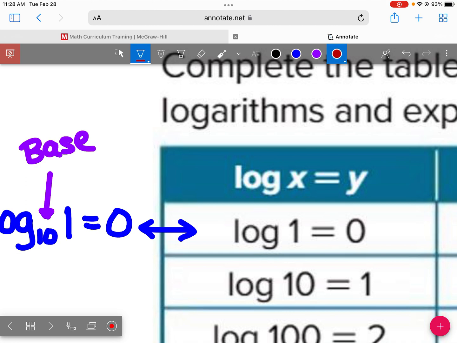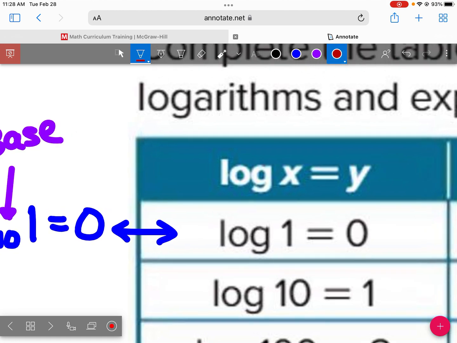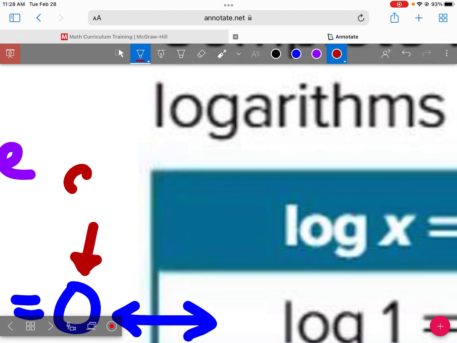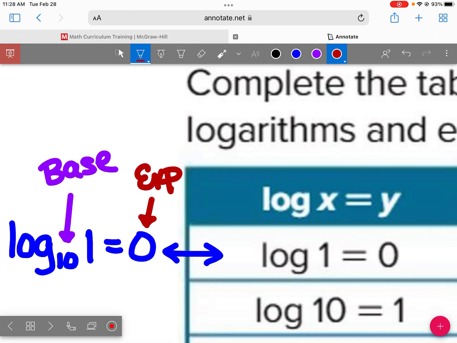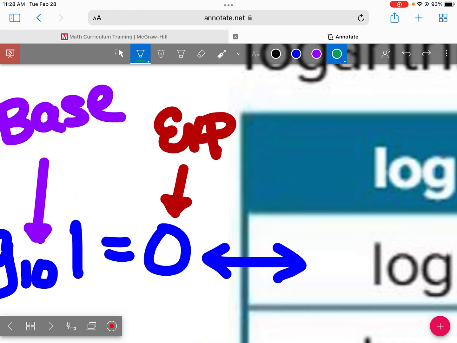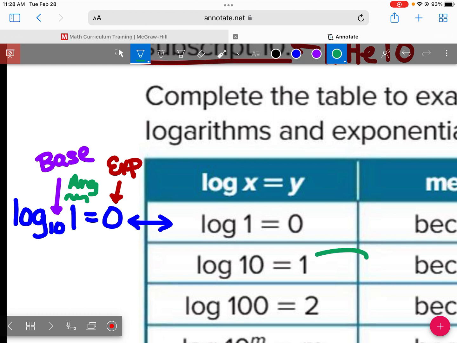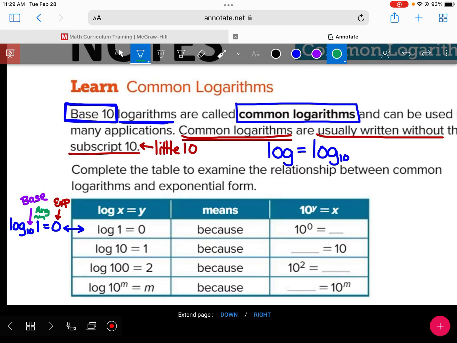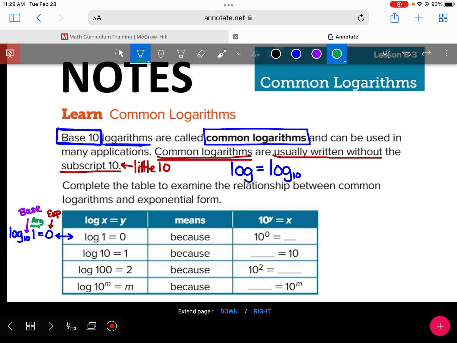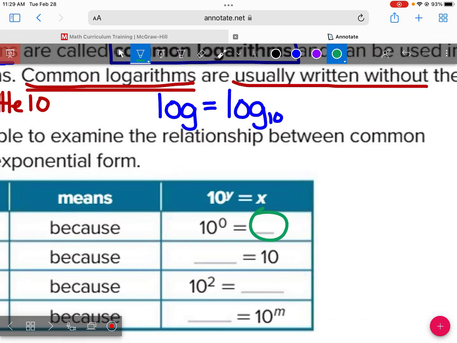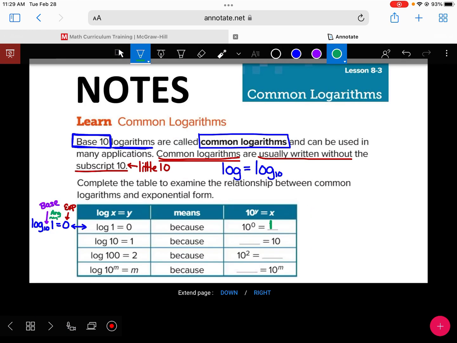Which piece is the exponent? The 0. So what do we call the 1 there? The argument. If I rewrite that in exponential form, we write the base first, 10, to the power of my exponent equals my argument. So this would be equal to what over here? Equal to 1, equal to my argument.